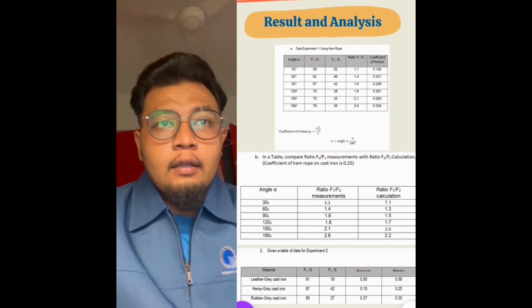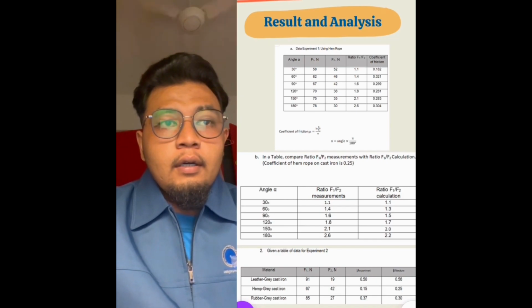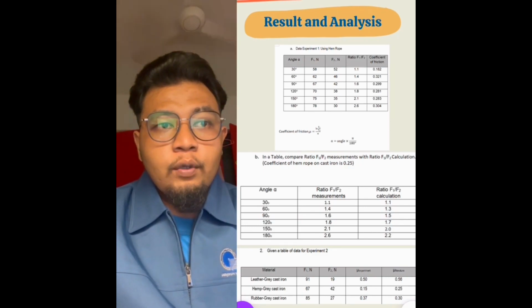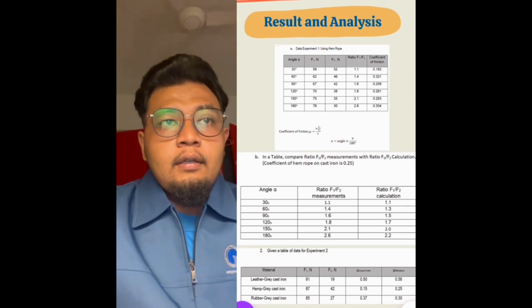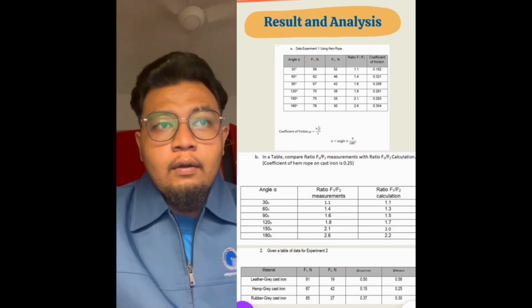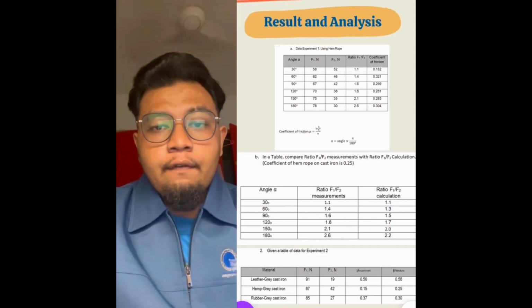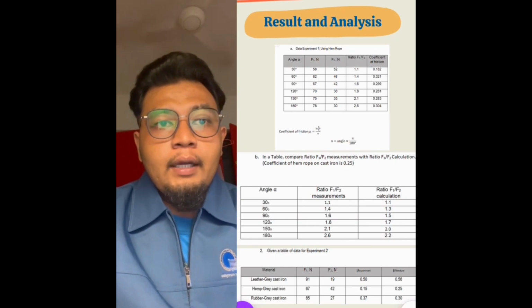I'm going to discuss the analysis and the results of the belt friction. There are three different types of belt, which are leather, hem, and rubber. In this experiment, we were asked to find the coefficient of friction for each belt.